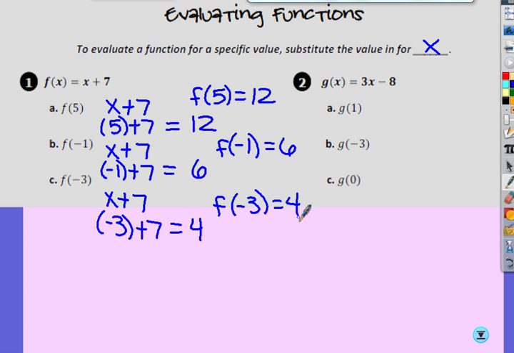For example A, I took 5 and replaced the x with 5. 5 plus 7 gave me 12. Therefore, f of 5 equals 12.